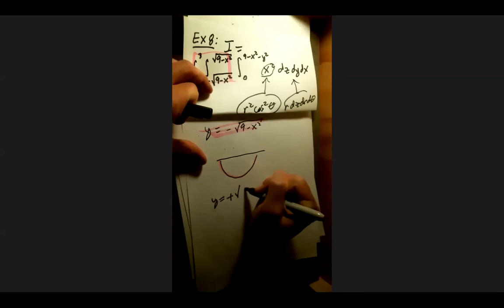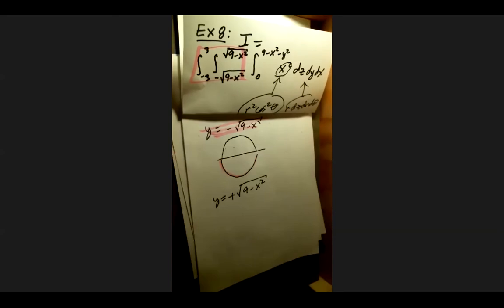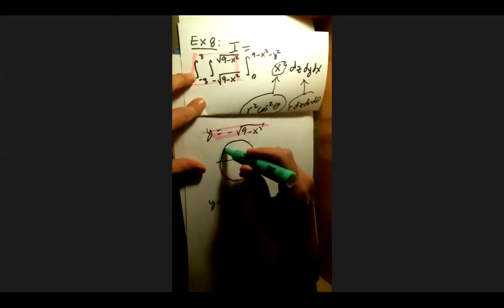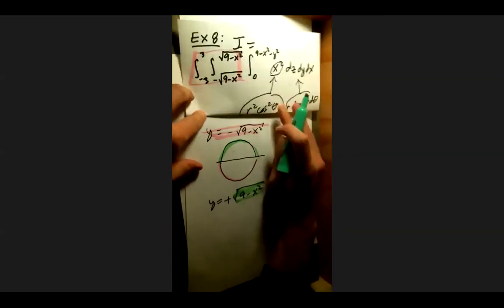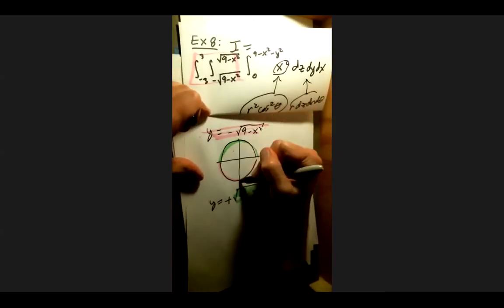And then we also want to look at y equals positive root 9 minus x squared, and that would be the upper half of the circle. Like that. And what's the radius of this particular circle? 3. 3, nice.